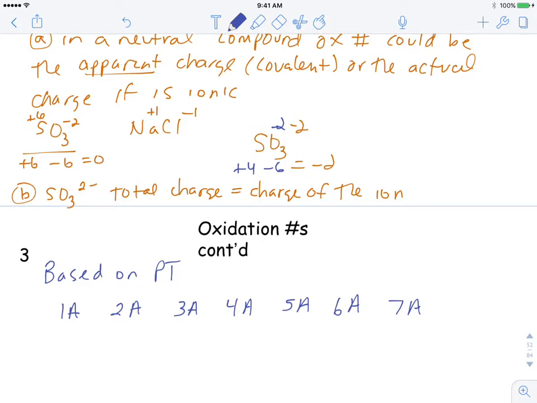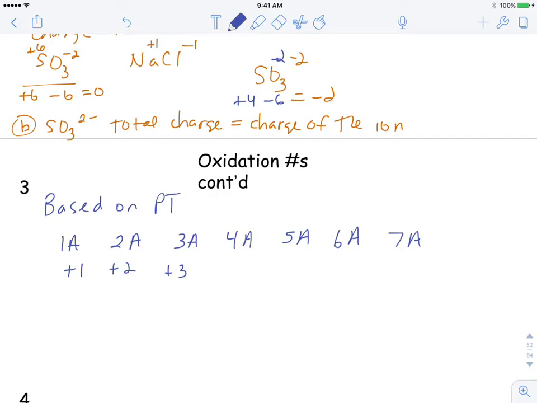If you're in 1A and 2A, you're going to be +1 or +2. 3A, you're going to be +3. But once I get to 4A, I have a range of charges that can take place. So for 4A, for group 14, the range can be all the way from +4 down to -4. So it could be +3, +2, +1, -1, -2, -3, -4.